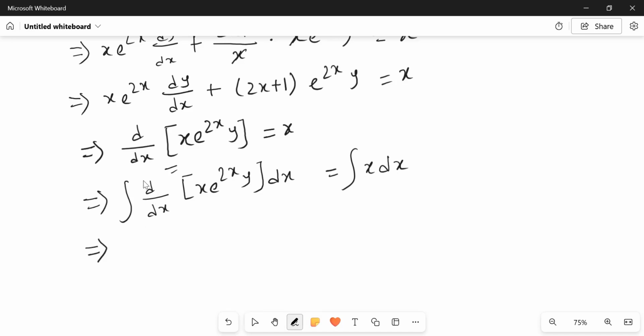Now this derivative and this integral are going to cancel out, so we get x e to the power 2x y on the left side, and here we get x squared divided by 2 plus c.